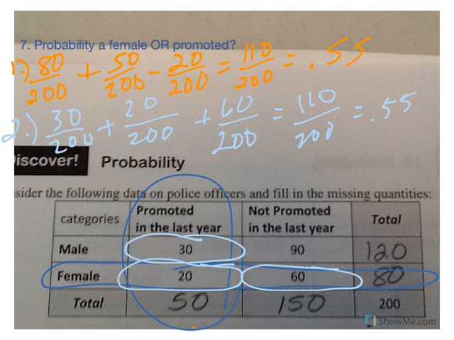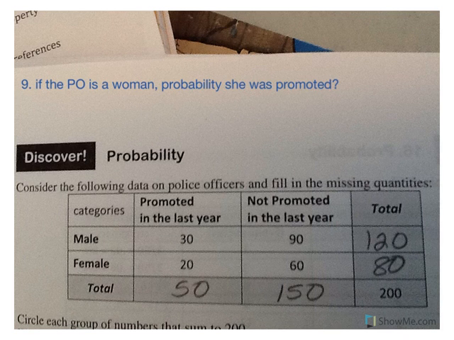All right, now let's move to the bottom of that page. In number 9, we get into what we call conditional probabilities, and it's conditional because they give us a starting point. If the PO is a woman, now we are only focused on the females. You don't care about the men.